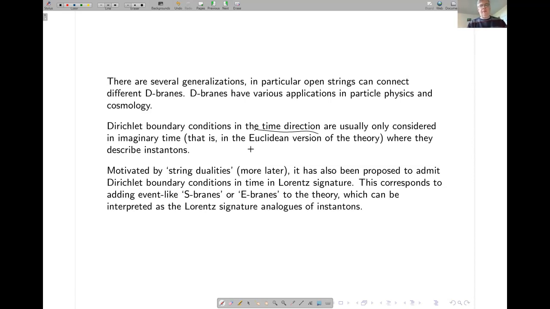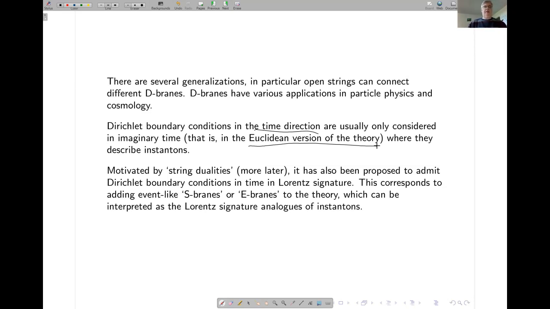If one uses the so-called Euclidean formulation of a theory, where one makes time imaginary, then instantons are configurations of the Euclidean version, which are non-trivial solutions to the equations of motion. And these instantons describe effects in the associated theory in Lorentz signature, which are not detectable in perturbation theory and which are very important.